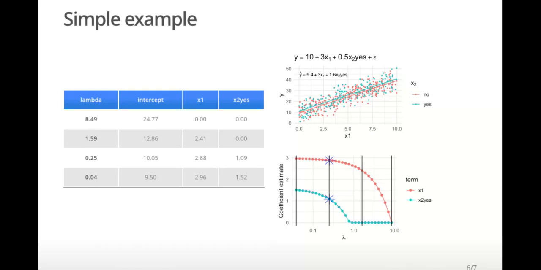For example, when lambda equals 0.25, the x1 coefficient is 2.88, and the x2 yes coefficient is 1.09. Those are indicated by the blue stars on the graph. Right around lambda equals 1 is where the x2 yes coefficient shrinks to 0.